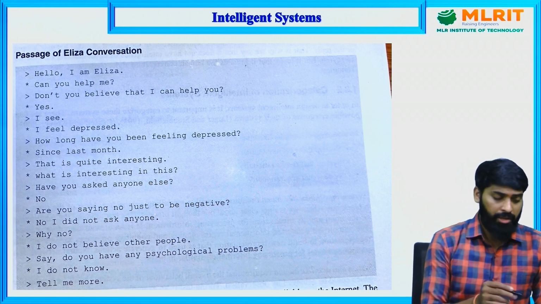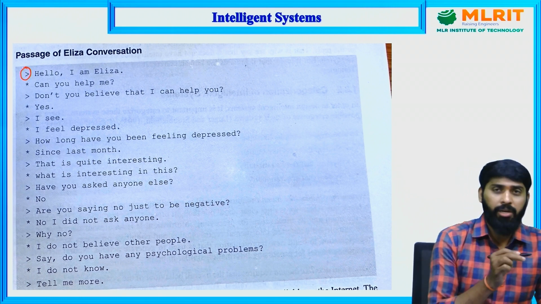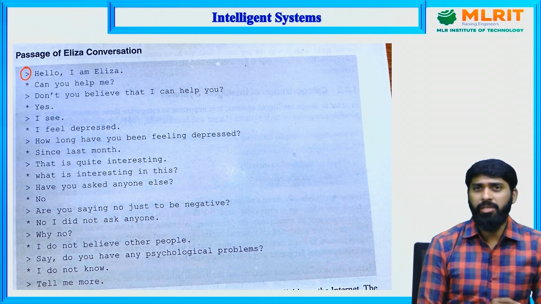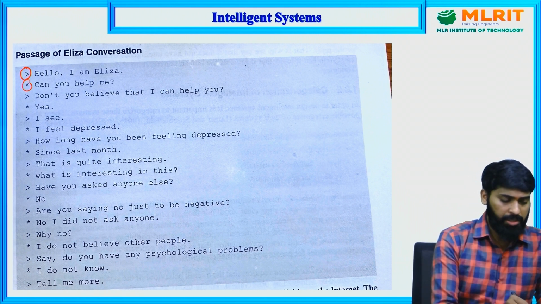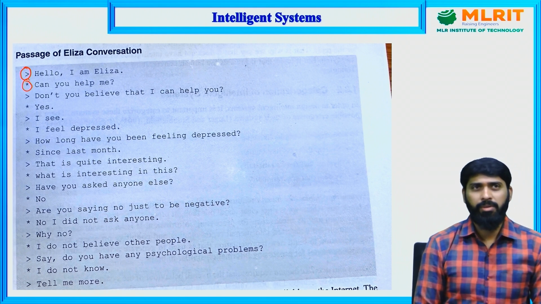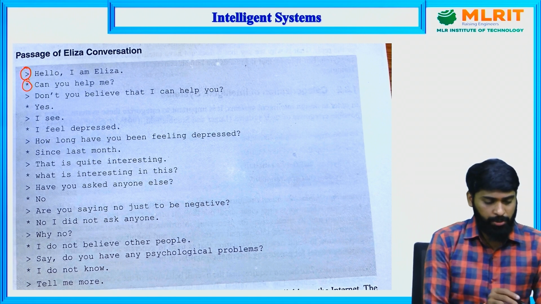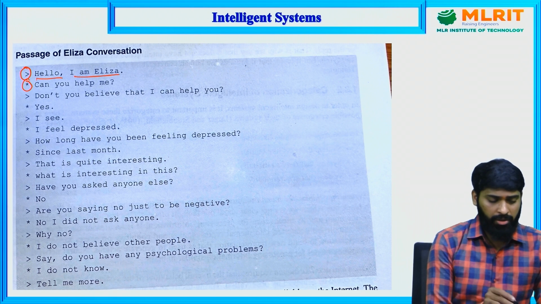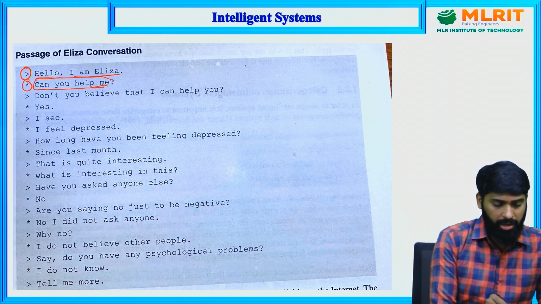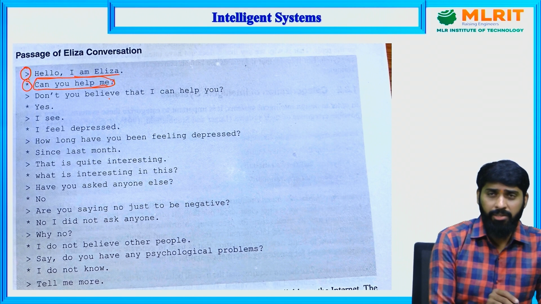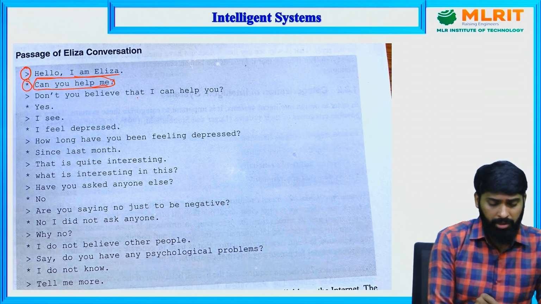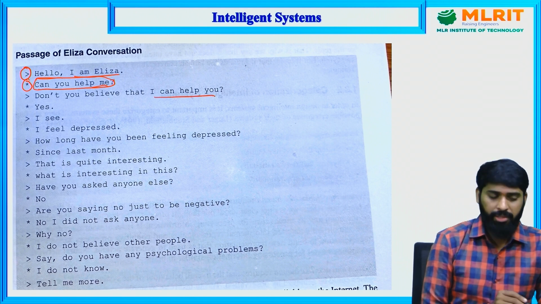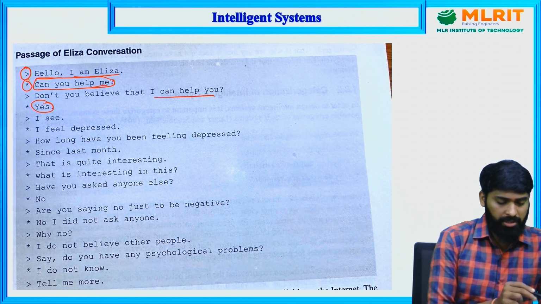Here the greater than symbol represents the response of ELIZA, and the asterisk represents the response of the user. Now this is the ELIZA response: Hello, I am ELIZA. Now the user says, can you help me? Based on the pattern, ELIZA gave the response, don't you believe that I can help you? Then the user responds yes.